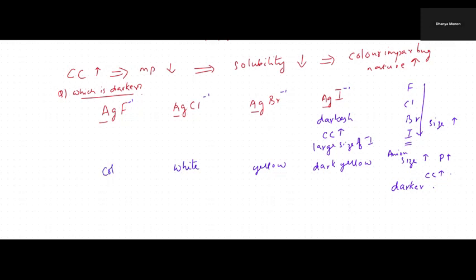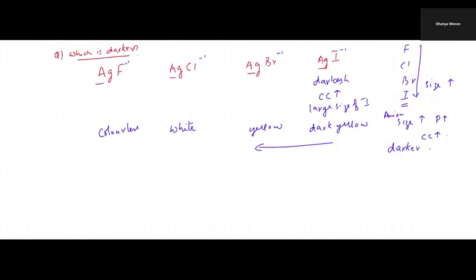When you come from iodide to bromide, bromide to chloride, chloride to fluoride, the color is becoming lighter. Silver iodide is the darkest, and silver fluoride is the lightest in color because it has less covalent character. Right? So this is how you decide.